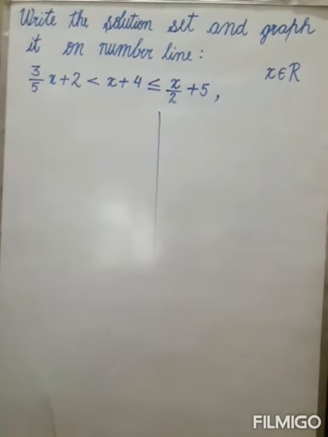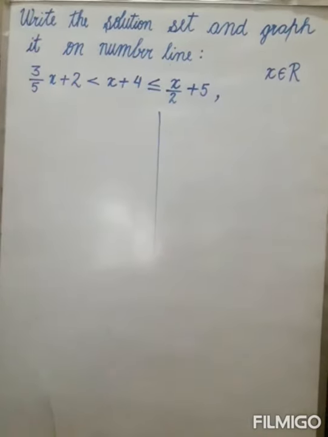So here we are going to write 3 by 5x plus 2 is less than x plus 4. Now we will bring the x terms on one side and constant terms on the other side. So 3x by 5 minus x, this x is positive, so it will be negative x, and here 2 is positive, so on the other side it will be subtracted. So 4 minus 2.